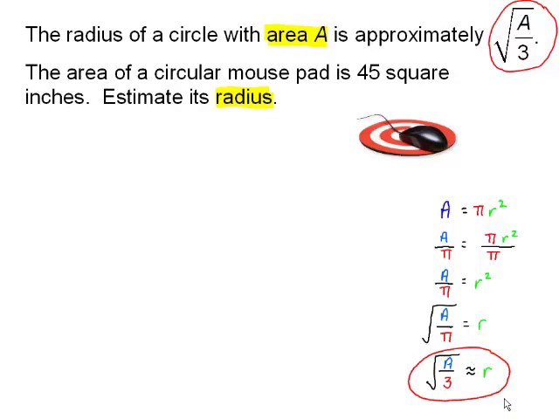Now, let's find the radius. So we're going to use the formula r is approximately equal to the square root of A over 3. Remember that the area is 45 square inches, so we can substitute 45 in for A into our equation.